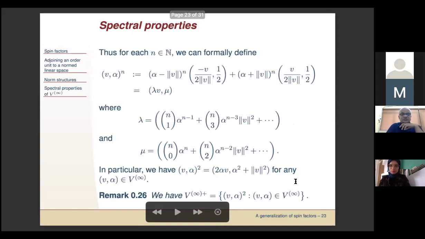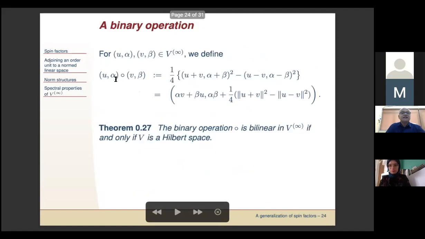A spectral decomposition introduces the powers of v, and that introduces something called a binary operation here. This binary operation becomes a bilinear binary operation in V_infinity if and only if the given underlying normed linear space V is a Hilbert space. I think I need to stop here. I got too involved in this. Okay, thank you very much. I have a few more things to say, but okay, let's stop here.